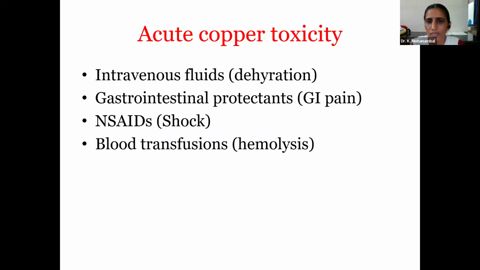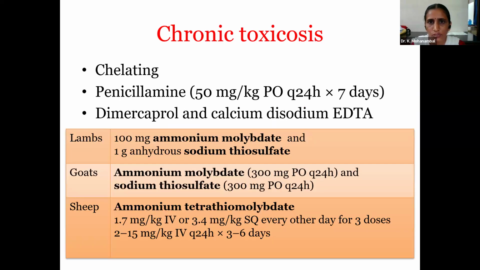If hemolysis is there, we need to go for blood transfusion. For chronic toxicity, D-penicillamine at 50 mg per kg, dimercaprol and calcium disodium EDTA are used. In lambs or goats, we need to give ammonium molybdate and 1 gram of anhydrous sodium thiosulfate as a binder, which will avoid further toxicosis.